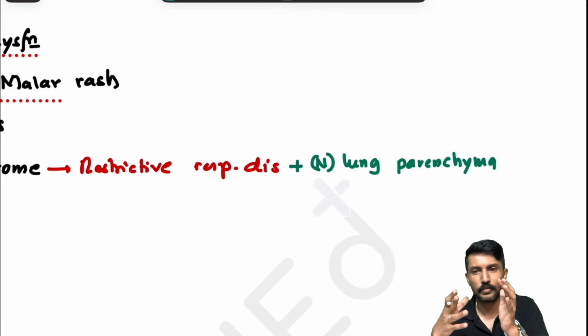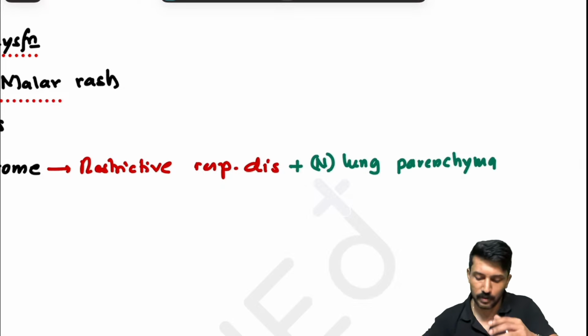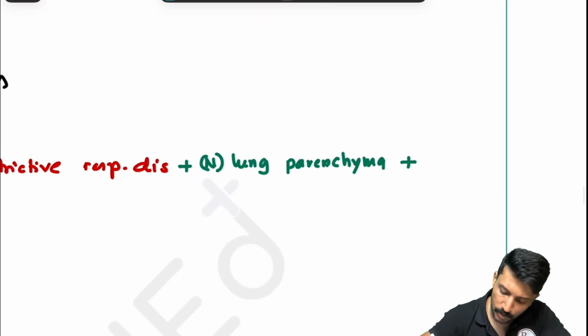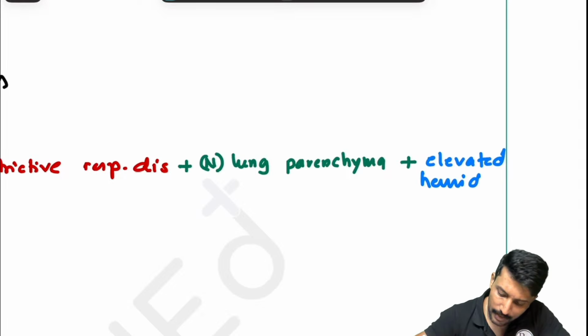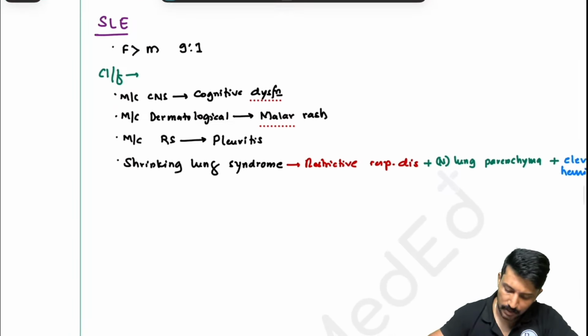Parenchyma is normal, it's not fibrous, there is no ILD, but lung volume is reduced because of the supportive structure or the integument being fibrous or constricted, right? In the question they will also mention, because lung volume is reduced, you will have elevated hemidiaphragm. Okay, that is what we call shrinking lung syndrome.